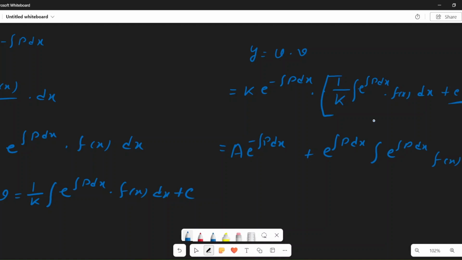Okay, this is what we got, where a, that means kc, is an arbitrary constant. And this term e to the power p dx is called the integrating factor.